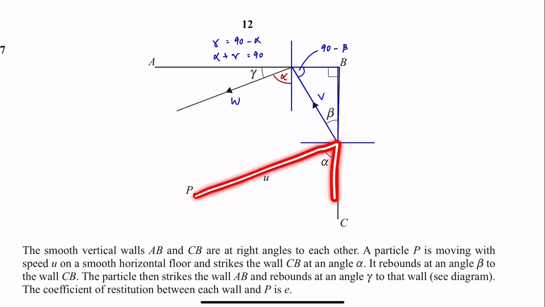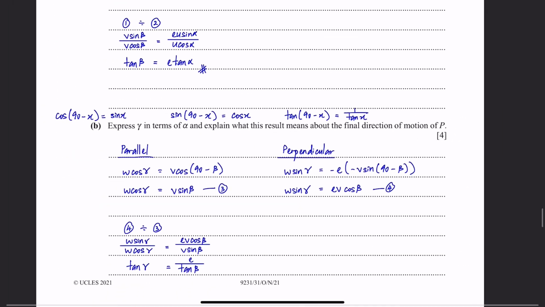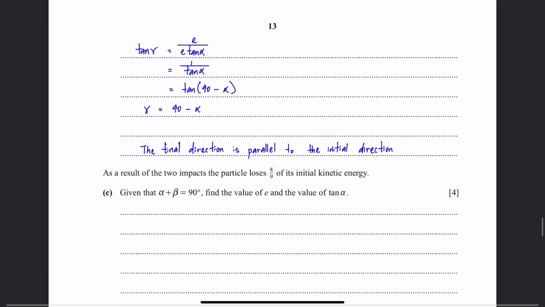So this angle and this angle, if they are the same, that means they are the same, right? So these two directions are parallel. And that's why we know that the final direction is parallel to the initial direction.